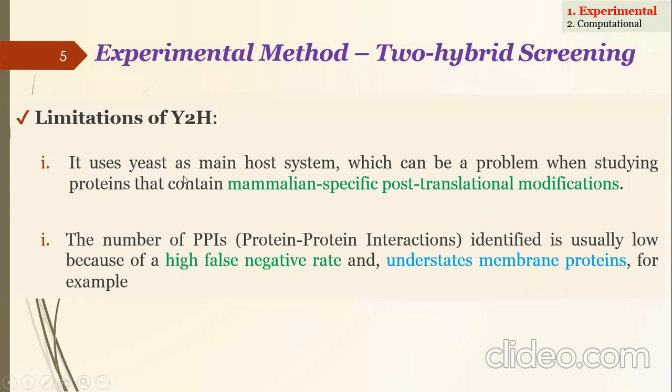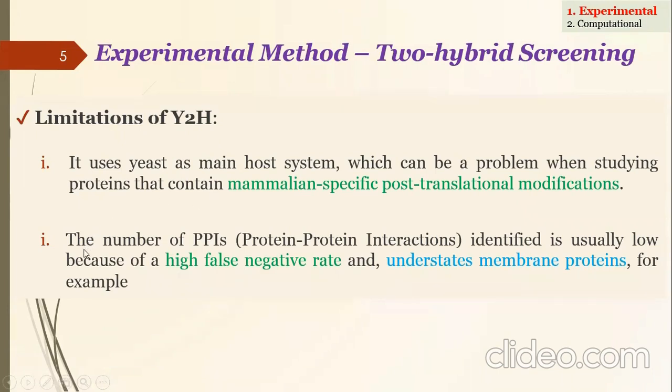But maybe in the original host system, like in the mice or in the human, or in the plants, there are certain modifications occurring in those very specific organisms, and due to those modifications, maybe those two proteins may not interact, but in yeast they interact. So this is a limitation of the yeast two-hybrid system, because we are limited to the yeast.